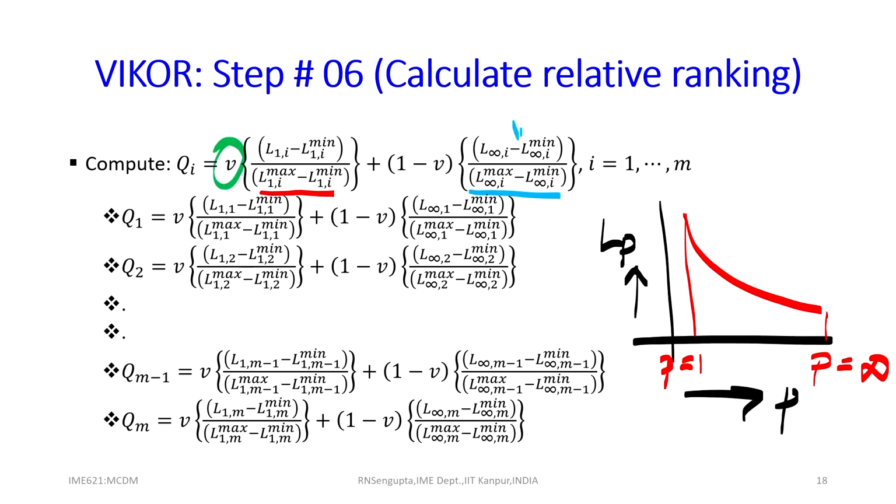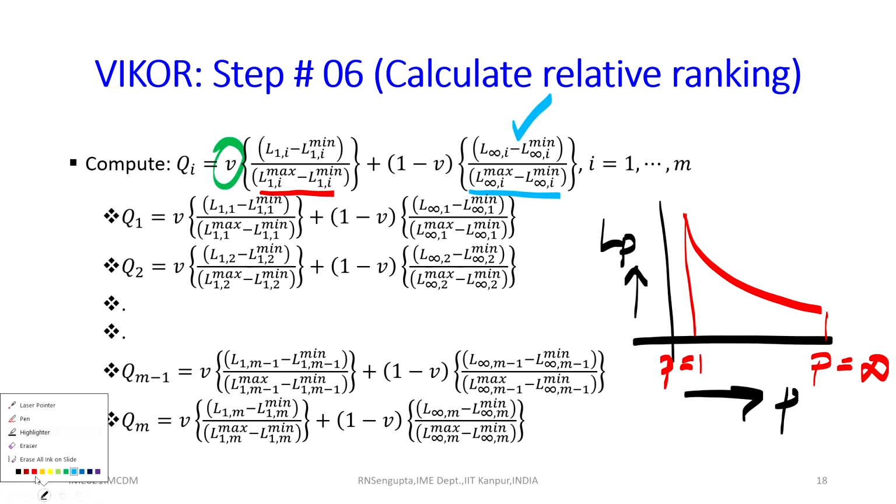In the corresponding numerators, we will have the distance between L1 and L1 min, and L infinity and L infinity min. I put the tick mark for L infinity minus L infinity minimum for each and every alternative, and in the denominator and numerator for the L1 norm.